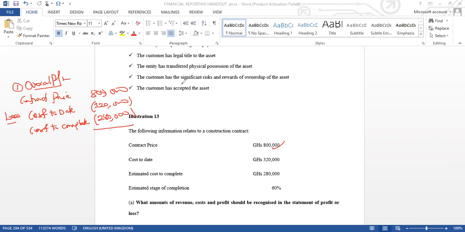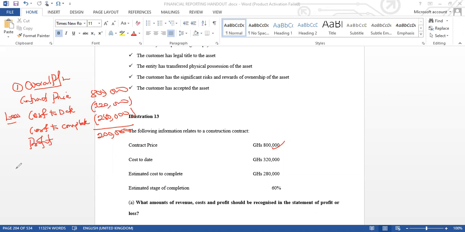Where is my calculator? Found it here. So you have 320, 280. We are lessing it from 800. So I have 200. So it's profitable. So it's a profit.